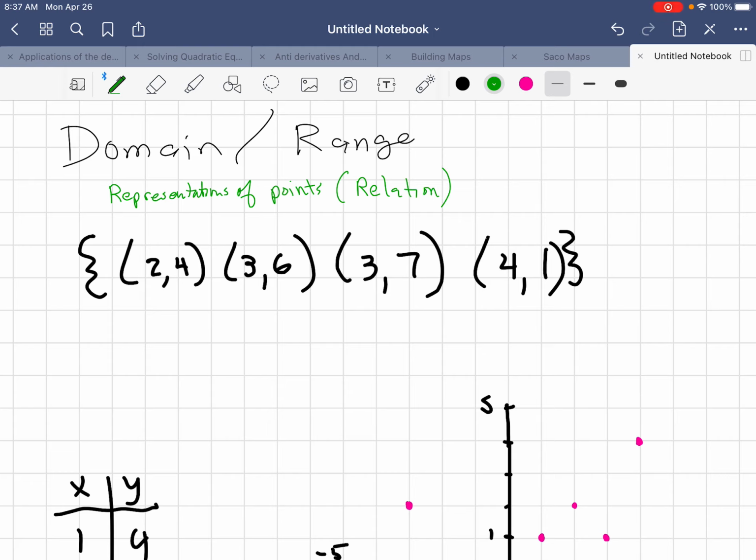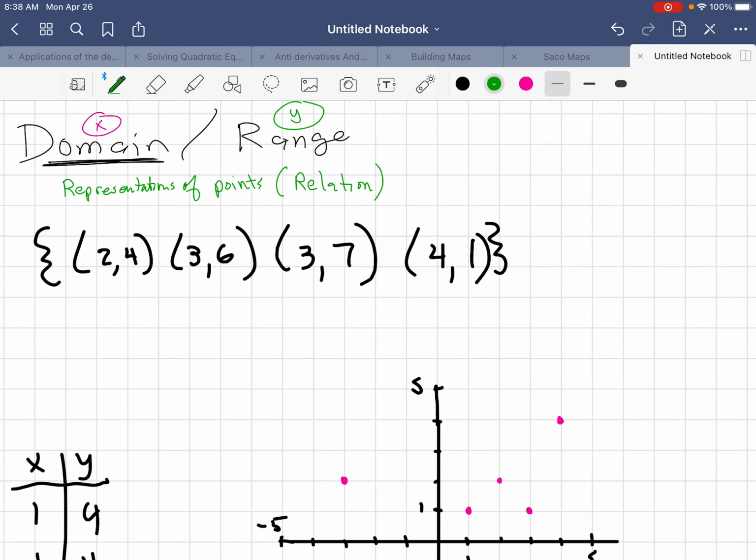Okay, in most cases it's going to be x and y, but you need 2 variables. One, in most cases, x, the other y. Very simply, the domain are your x values and the range are the y values.